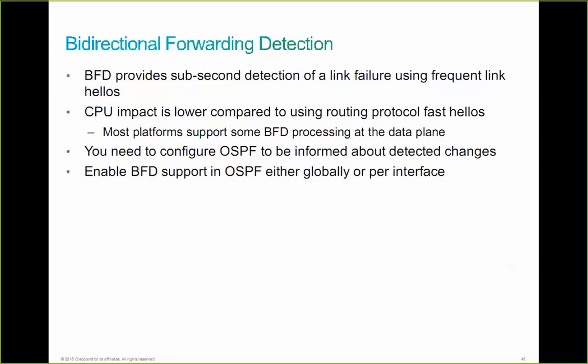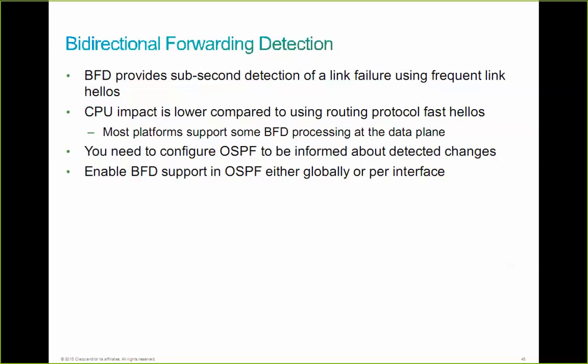In network environments where routers running OSPF have to detect network changes quickly, you have to rely on external protocols like BFD, bidirectional forwarding detection. Again, this gets us from second convergence times, 10 seconds, 50 seconds, 30 seconds, whatever it is, down to a sub-second timer.